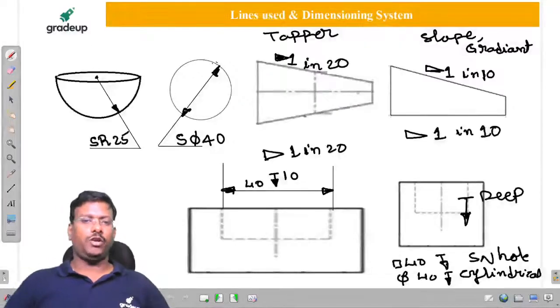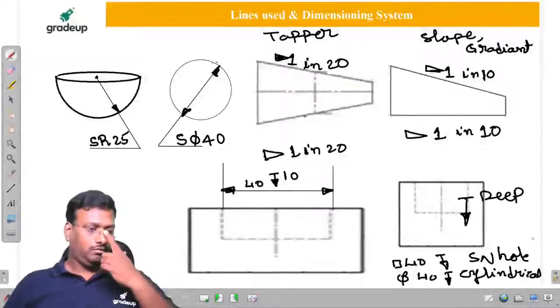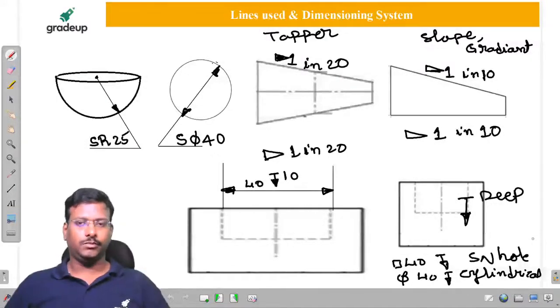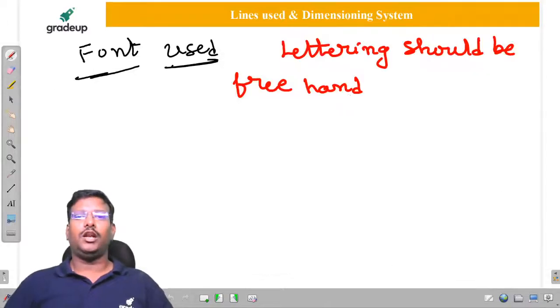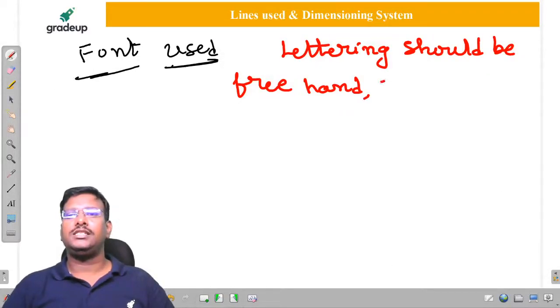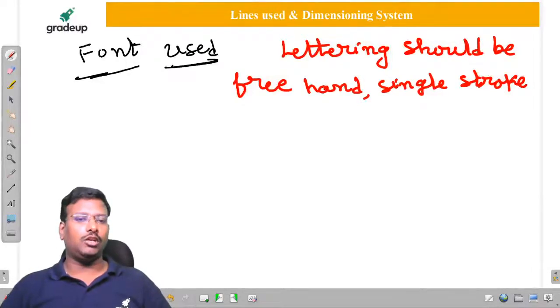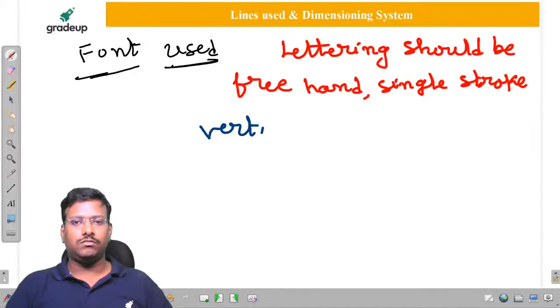Okay, this one, you try to take it. Now, freehand, single stroke lettering. Sir, here lettering also has two types: vertical and inclined.